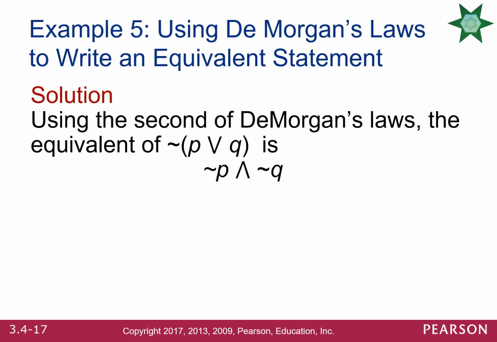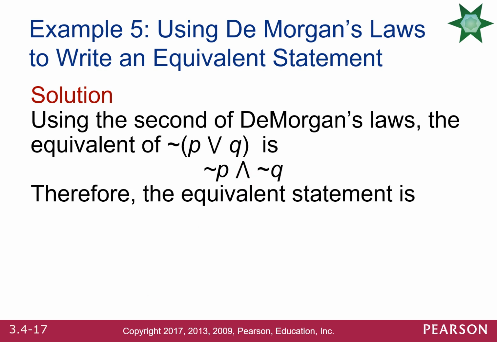Not (P or Q) has an equivalent statement which is not P and not Q. So as I said, they distribute the negation to both P and Q. They take off the brackets and distribute the negation to both P and Q, and they reverse the or to an and. So the or statement becomes an and statement, correct?